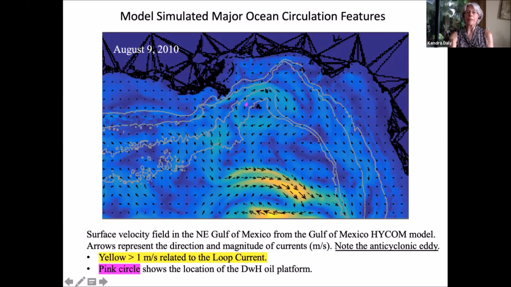The action of the edges of an anticyclonic eddy act to upwell higher nutrient water, so that can also contribute to enhanced phytoplankton productivity at the outside edges of these eddies. They can also act to aggregate marine snow, phytoplankton, and zooplankton, so that could have contributed as well to the higher concentrations that we saw.